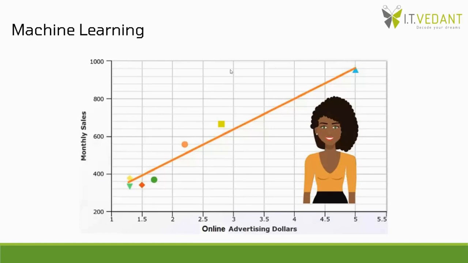The first, we begin with machine learning. Machine learning is more on prediction. Let's say I have invested X amount of money on advertising. So, what is the monthly sales that I target to achieve, based on the amount invested?